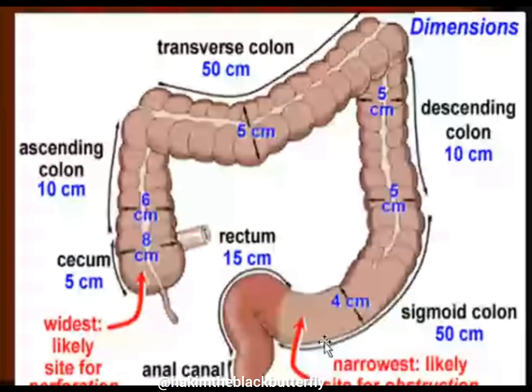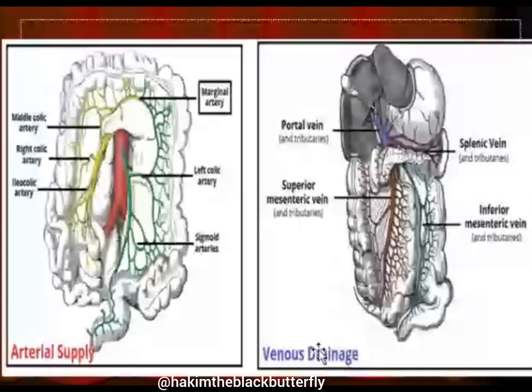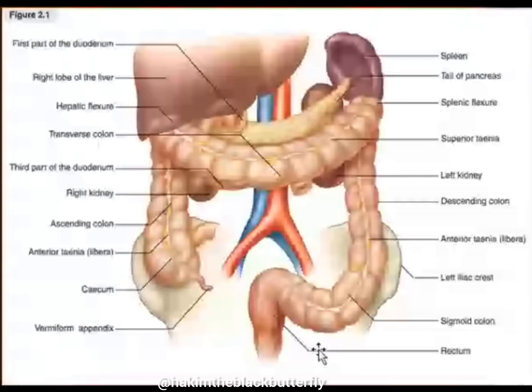These are average ranges, maybe adult, maybe young adult, depending on what they consider. It is this curved part of the colon, and it is suspended by a mesentery, also known as the sigmoid mesocolon.